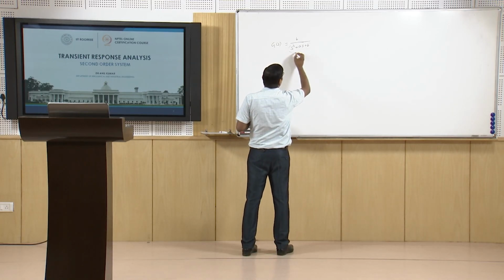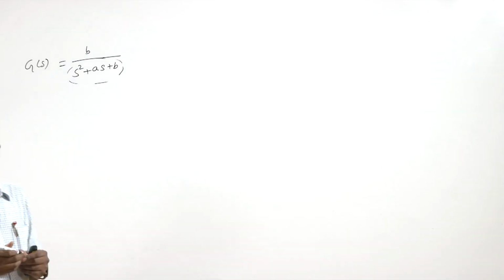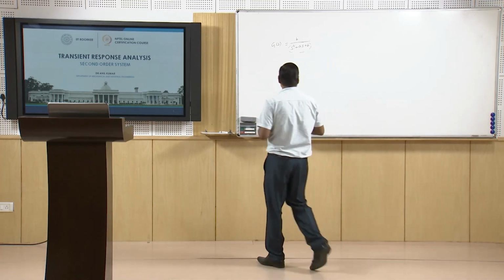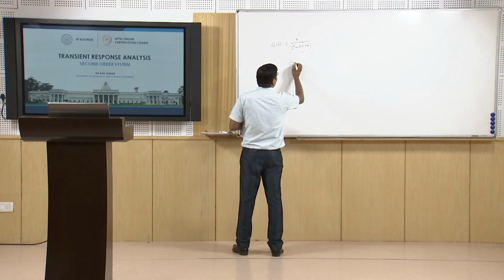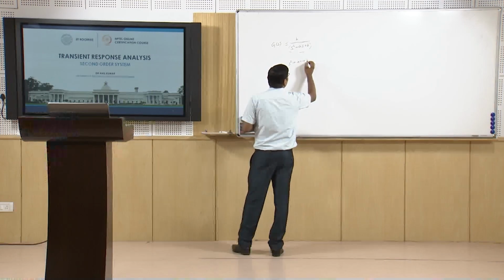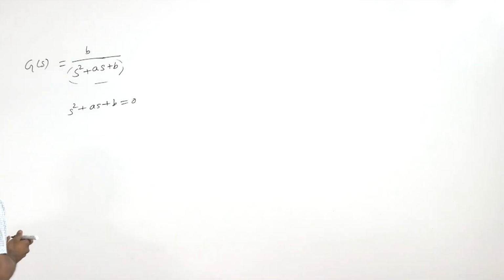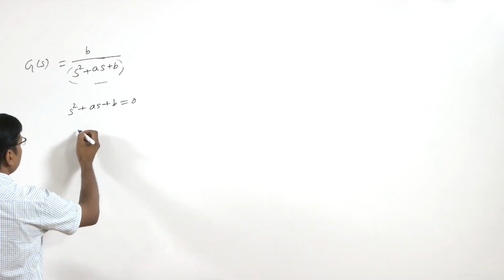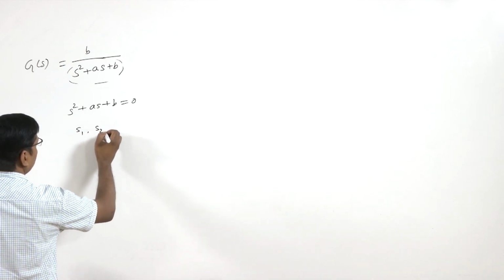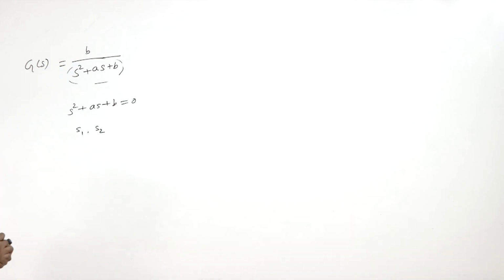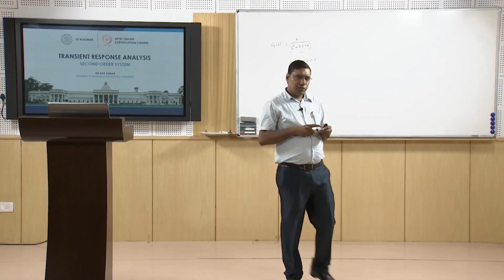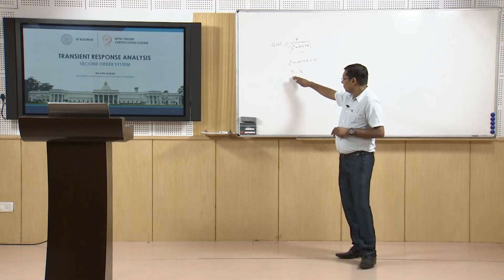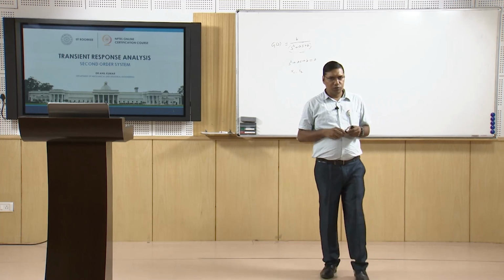Now, if we want to find the poles of this system, we should have s square plus as plus b equal to 0. So we will get two poles, let us say s1, s2. The response of the system will depend on the values and nature of these poles.